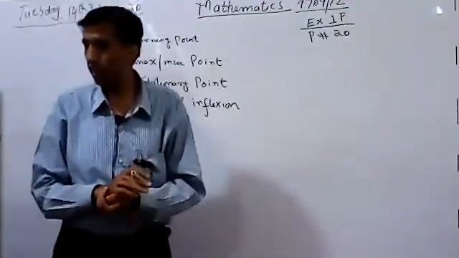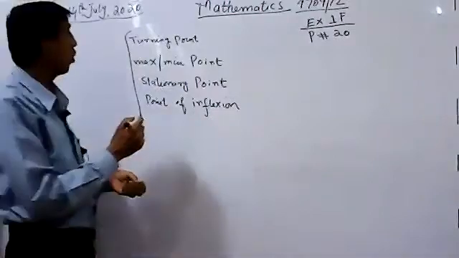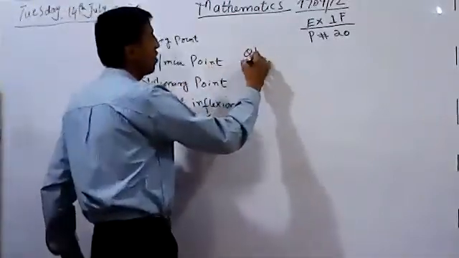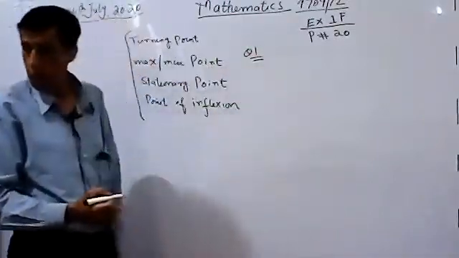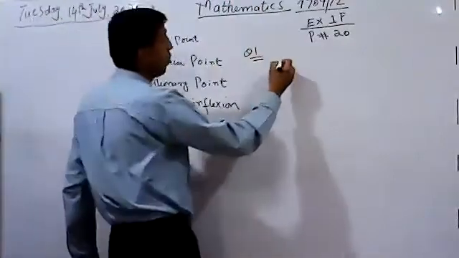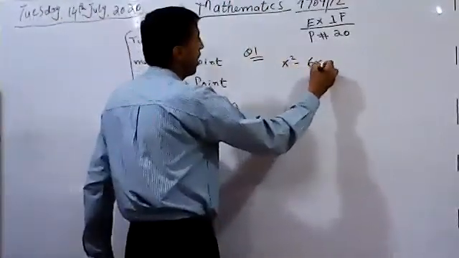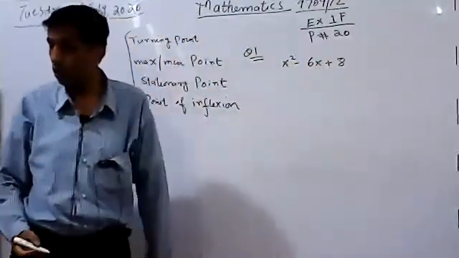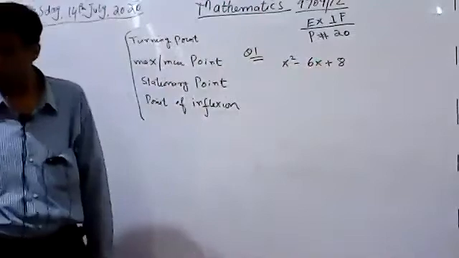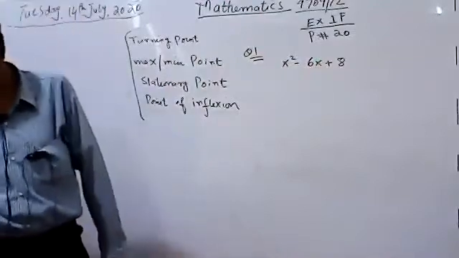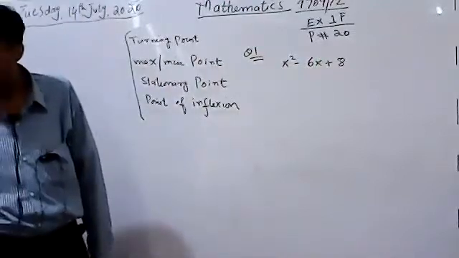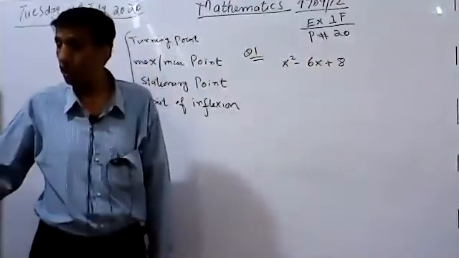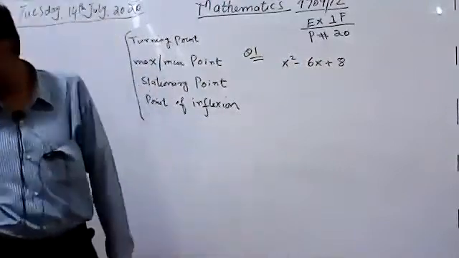Yesterday we have learned; I'm going to do question number 1 of this exercise. x squared minus 6x plus 8. My question is: use the symmetry of each quadratic function, find the maximum or minimum point, sketch the graph showing all the axes and the corresponding points.